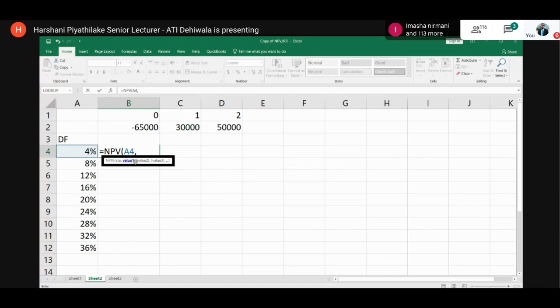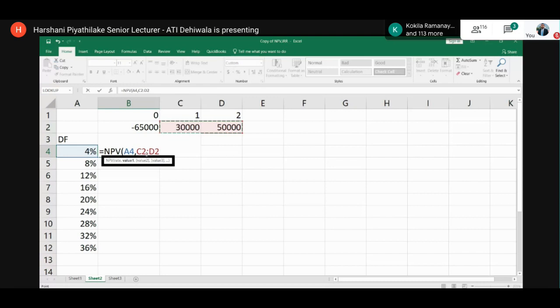Then values. You can give the values for year 1 and 2 and add the year 0 value as well. Select the values for year 1 and 2. Then keep in mind that for each different discounting factor, we are going to use the common, fixed cash flow range.